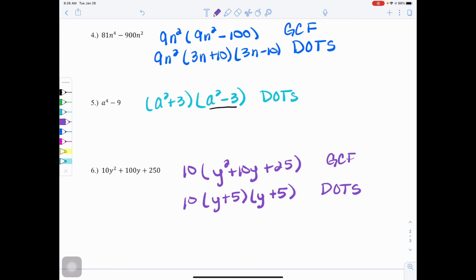If you really need to go ahead and do your factoring, you would write 25 and list your factor pairs of 25. And then you're picking the pair that adds up to 10, which is where you get your 5 and 5. So your final answer should be 10 times y plus 5 times y plus 5. And that concludes your lesson on multiplying and factoring polynomial expressions, day 4.